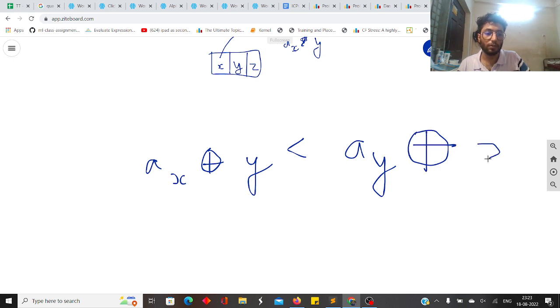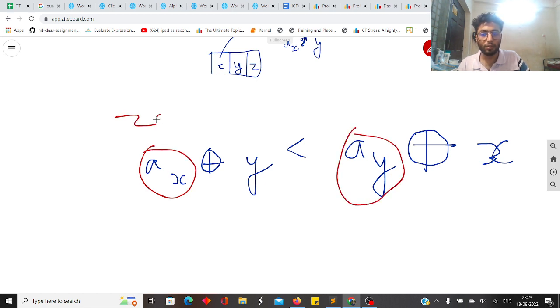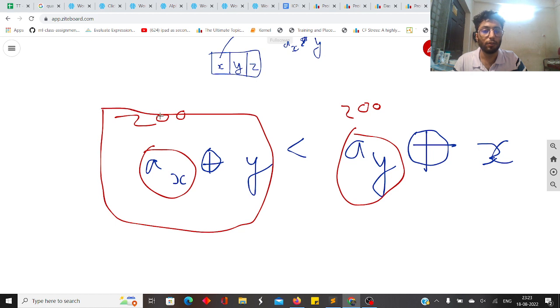The maximum possible value that a_x and a_y take is 200 only, and I can see that the maximum possible difference that XORing this value with 200 can make is by a value of 200.